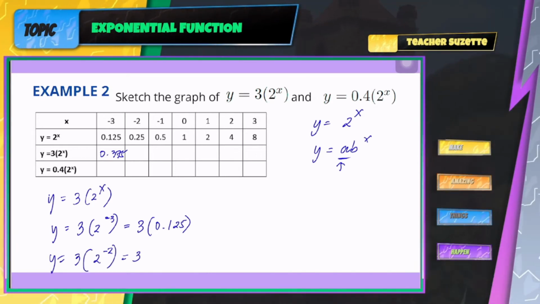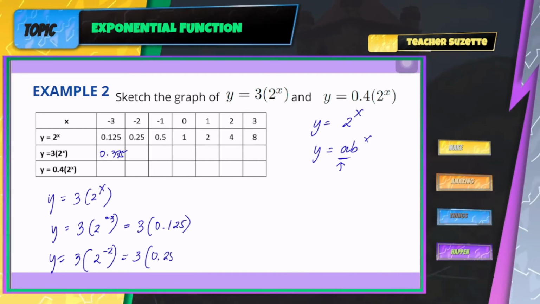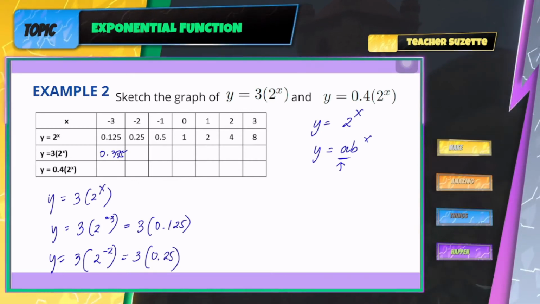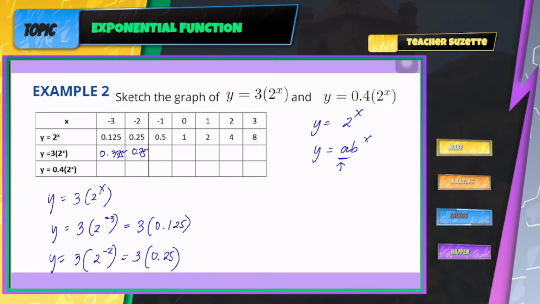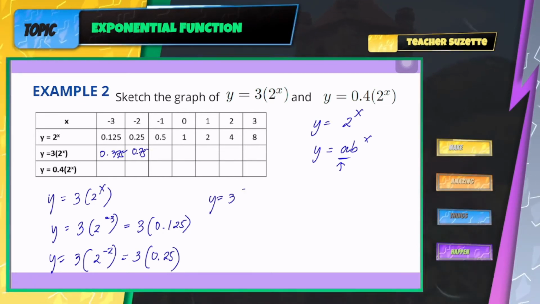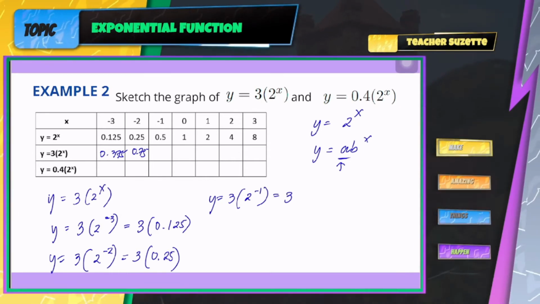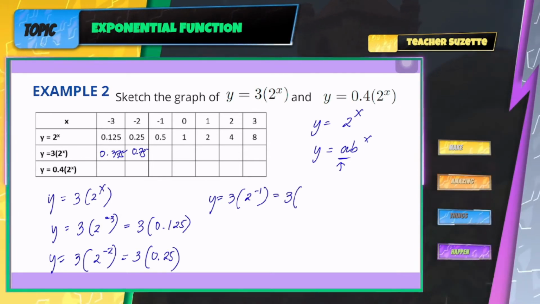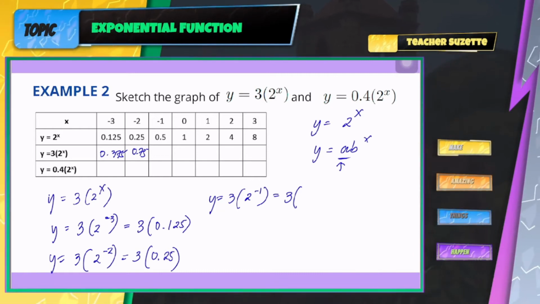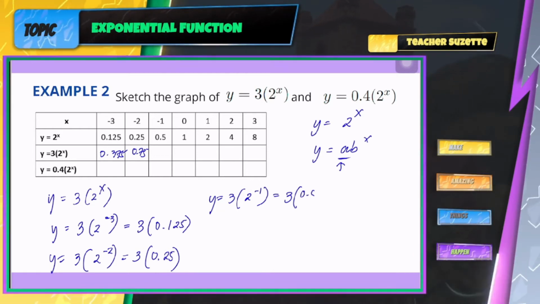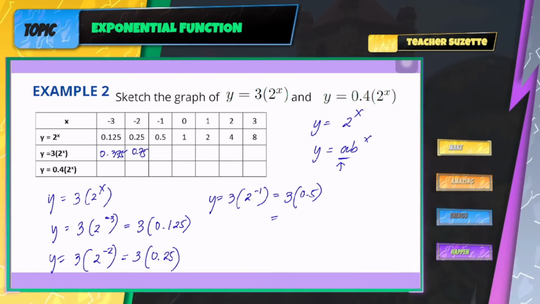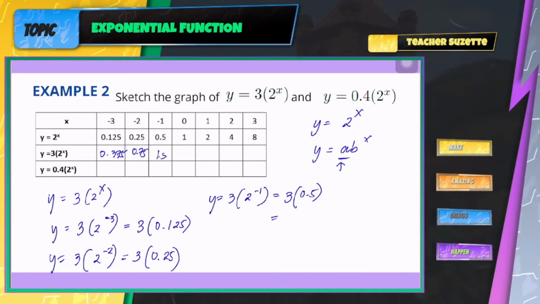So, you will have 3 times 0.25, which is equal to 0.75. Next, y equals 3 times 2 raised to negative 1, and 2 raised to negative 1 is 0.5, so 3 times 0.5 is equal to 1.5.